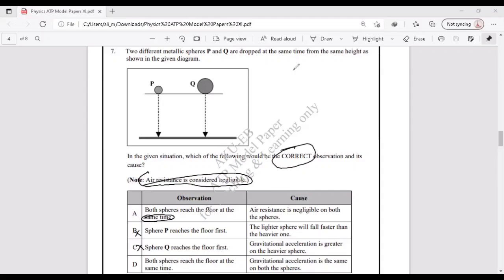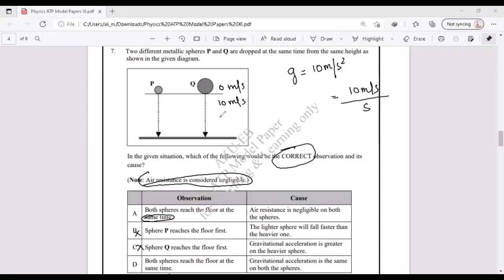So we know that the gravitational acceleration of a freely falling body is around 10 meters per second squared. This means that in each second there will be a change of velocity of 10. For example, we have a velocity of 0 meters per second at the starting point. After 1 second, its velocity will be 10 meters per second.